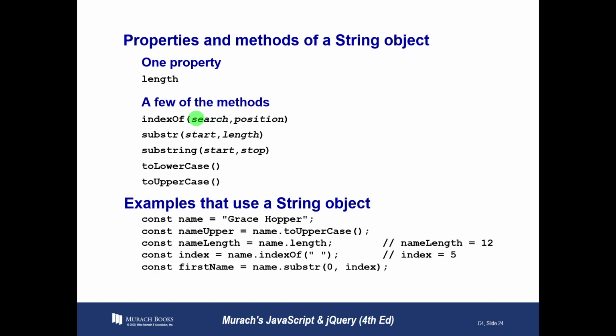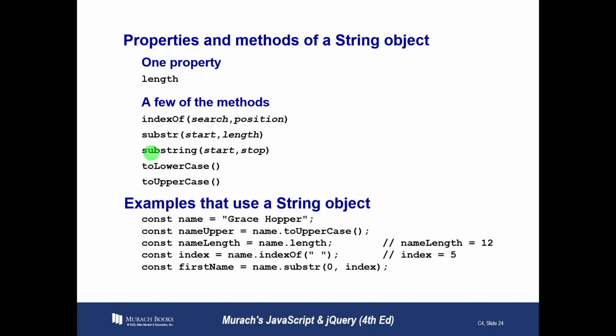Again, strings are numbered just like an array, each character starts out numbered item 0, item 1, item 2, and it'll tell us where in that string that particular character or string of characters is found. We can do a substring. It will start at a certain position and get the next however many characters we specify here, and we'll see some examples down below. We can also say substr, which works differently than substring.